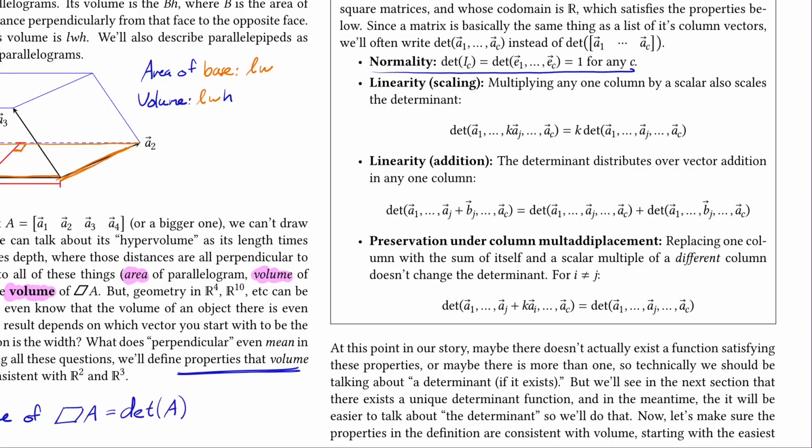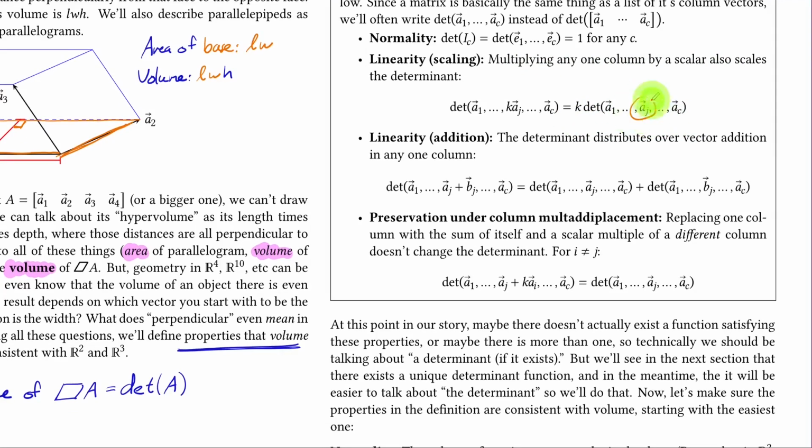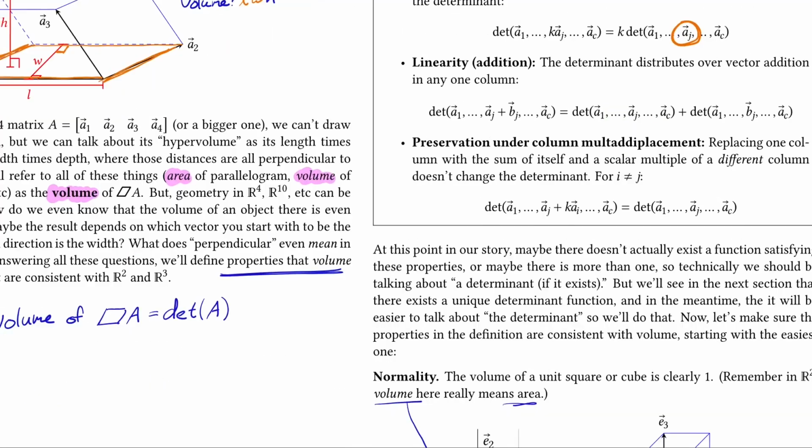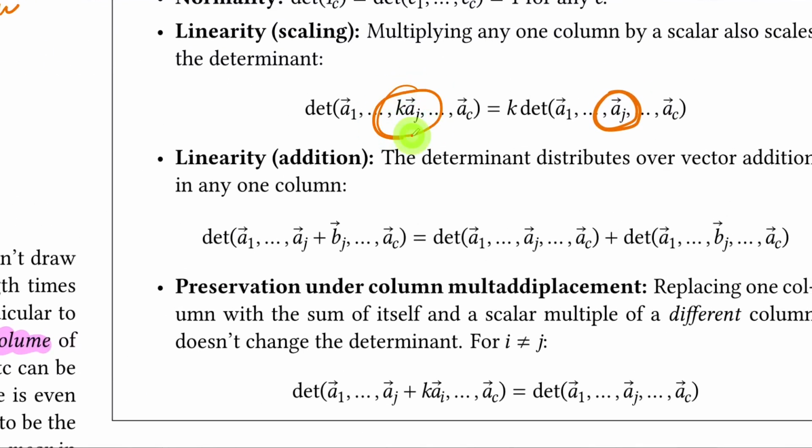Now, the next property that we should have, the scaling type of linearity, is that multiplying one column by a scalar also scales the determinant. So if you were to take this AJ column and replace it with K times AJ, the volume of that thing is K times bigger.